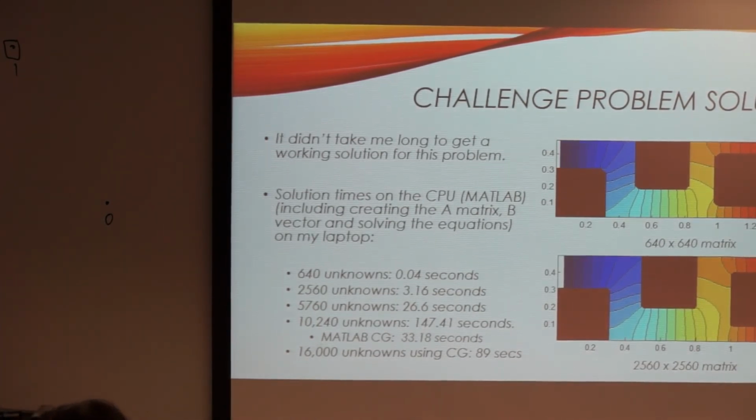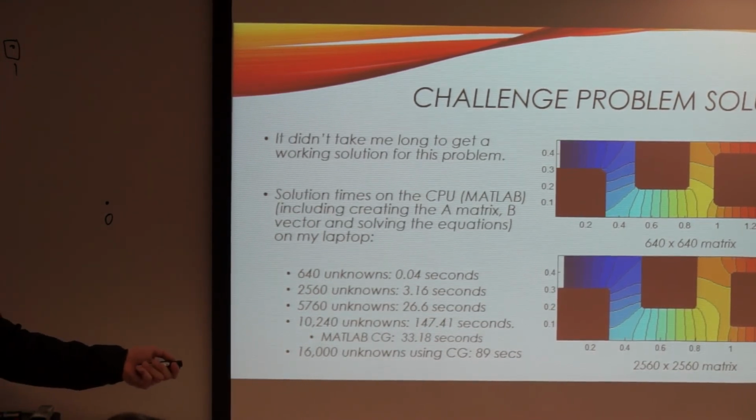Do not use 100 by 100 cells straight away, because it takes a while. This one took 140 seconds to solve in MATLAB. Using CG, you get 33 seconds. The problem is if you use MATLAB's inverse A times T, it will use a direct method to compute the inverse. That's expensive. If you compute using CG, it's going to be faster.